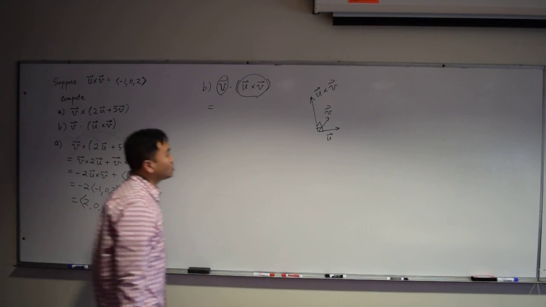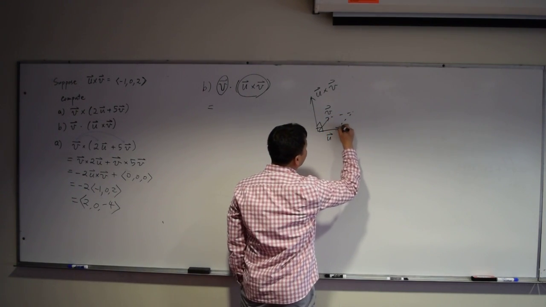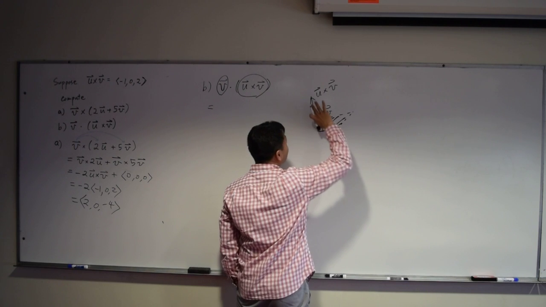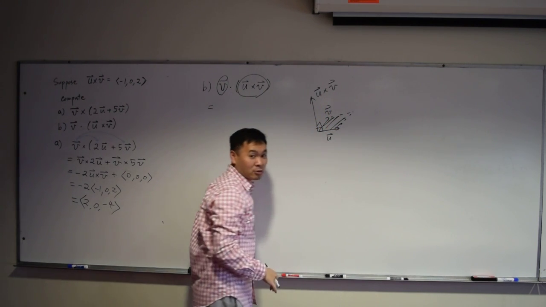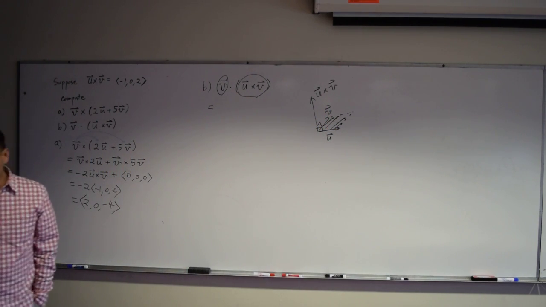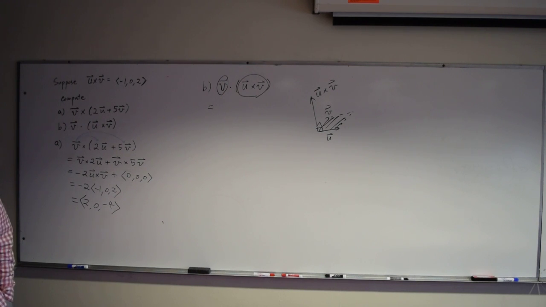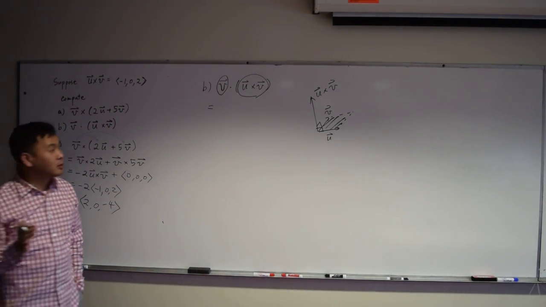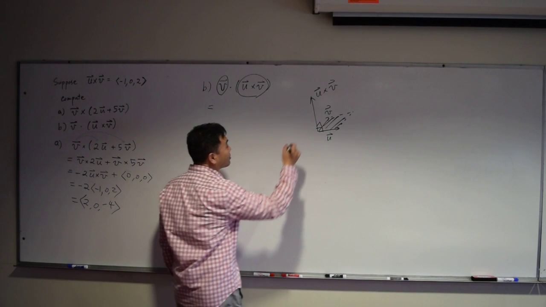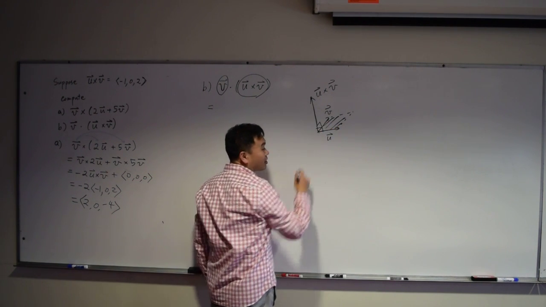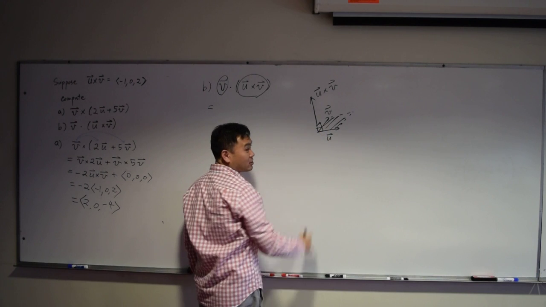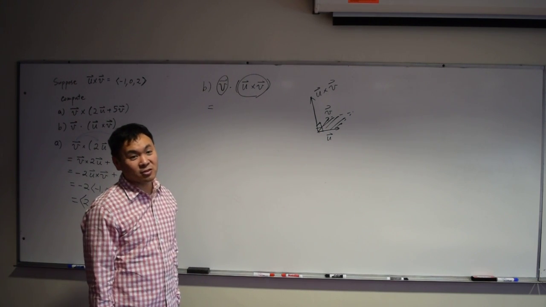Whose length is the same as the area of the parallelogram. That's the definition of a cross product. And because of that, I know that the angle between u cross v and v is 90 degrees.